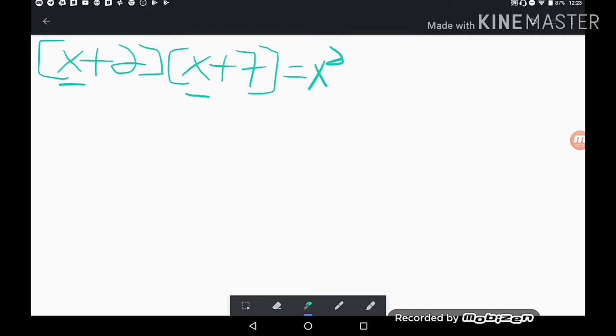So therefore, you multiply x by 7 and you add that to 2 by x. So you have 7x plus 2x, and that will give you 9x.